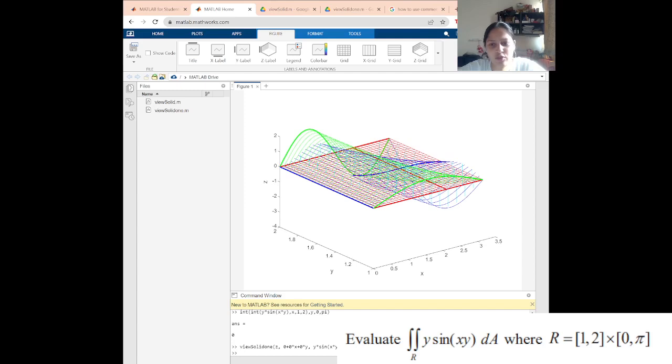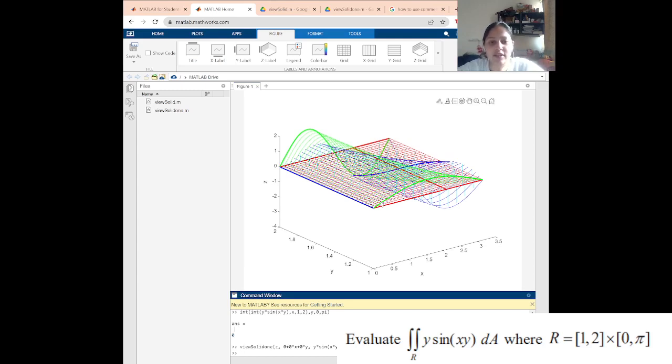The answer is of course 0 because the function takes both positive and negative values, and there is definitely a difference of volumes. Some volume is above R and some volume is below it. Since they are equal in magnitude, the final answer is 0.